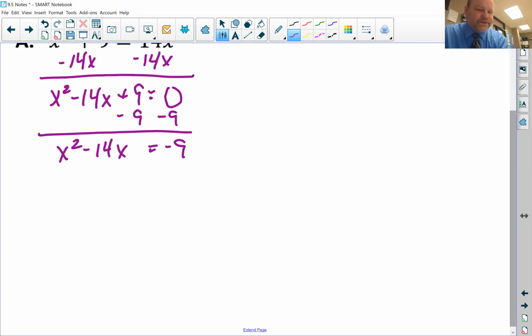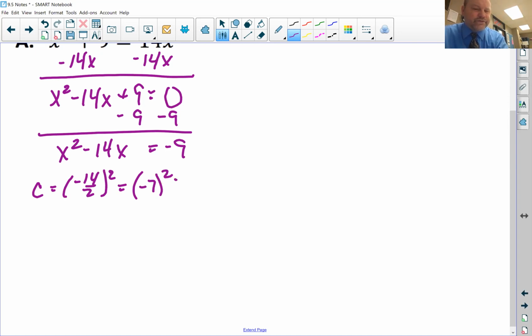Find our value for C. Negative 14 divided by 2 is negative 7. If I square negative 7, I get positive 49.